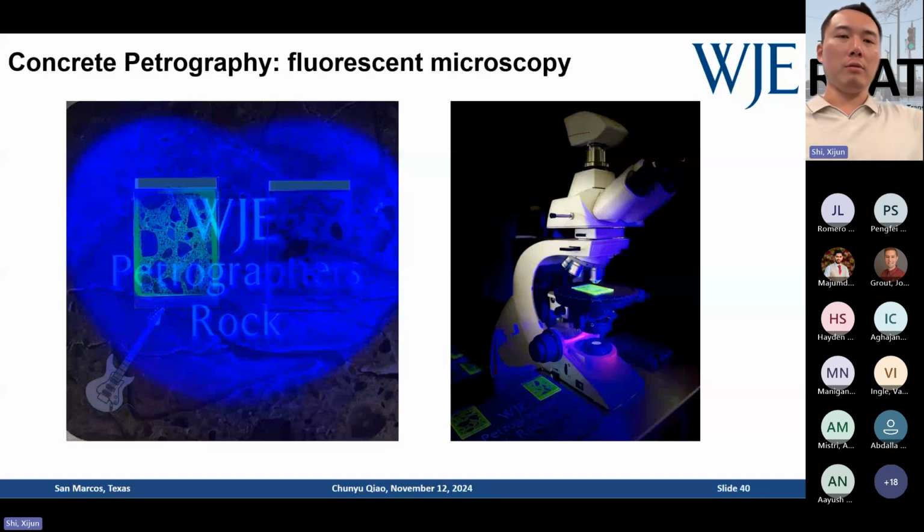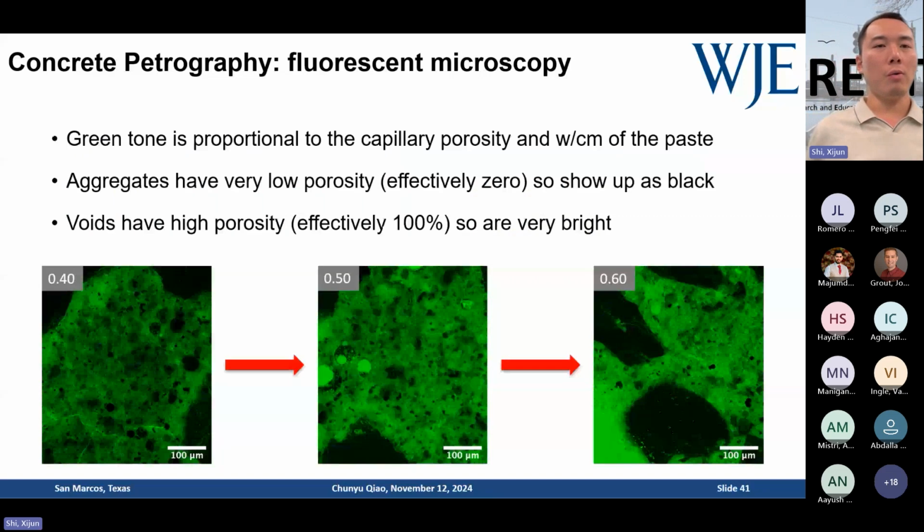As I show on the right, that's a microscope with a fluorescent thin section in the middle. So you can see they are glowing. So what can we use it for? First, let's go back to the water-cement ratio and cement hydration. When you have a 0.4, 0.5, or 0.6 water-cement ratio, with the same cement content, the higher ratio means higher water demand.